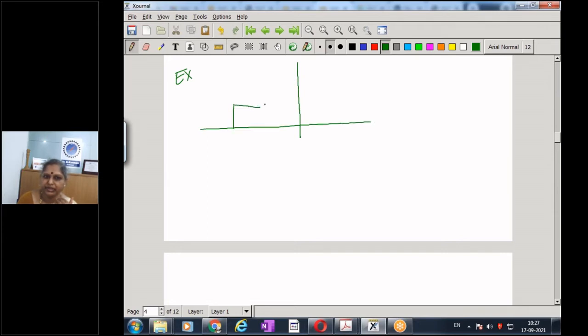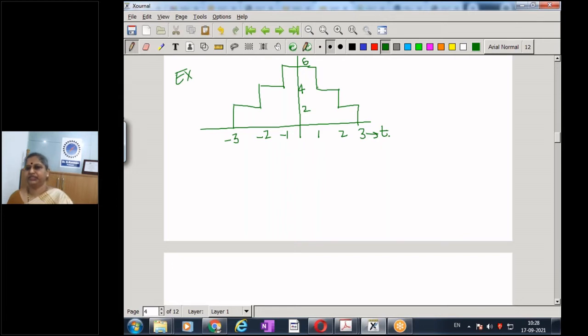The signal has points at -3, -2, -1, 1, 2, 3, with values 2, 4, 6. Please sketch the derivative of the signal and share it.